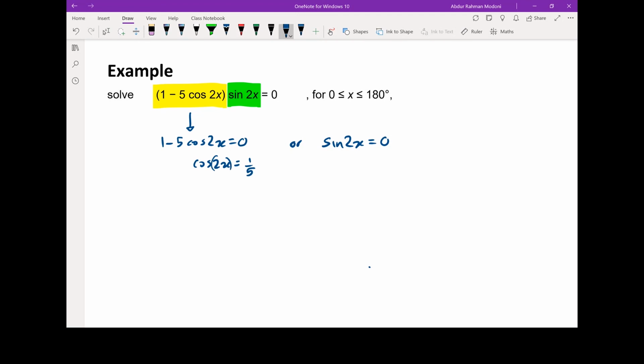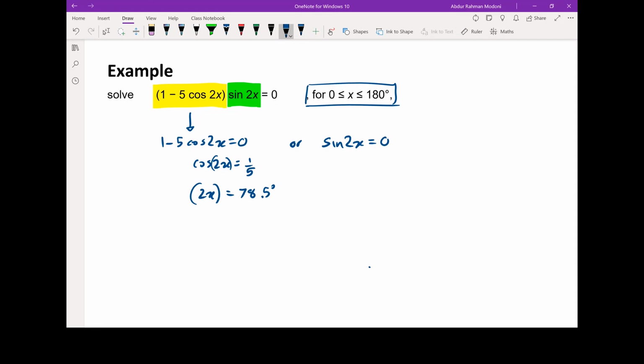Keep the angle 2x intact till the very end. So 2x is equal to cos inverse of 1/5, and that gives us 78.5 degrees. Now go ahead and find all the other solutions for this interval, which we need to adjust.